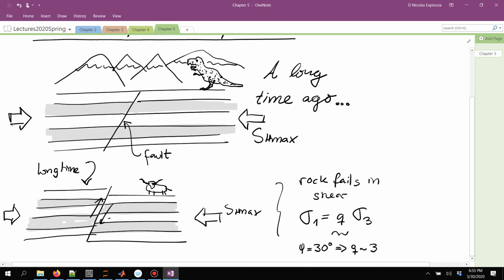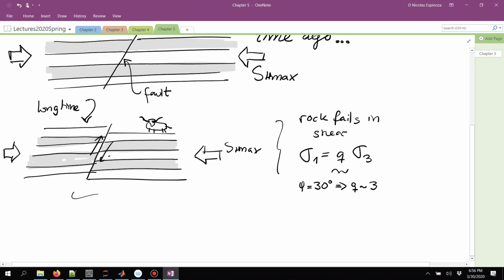So in this particular example, I'm going to have this type of fault whenever the effective horizontal stress is about 3 times the effective vertical stress. At that point, the stress is going to be so large that the rock is not going to be able to handle that stress and is going to fracture. That's how faults form. And in this case, this is an example of a reverse fault.